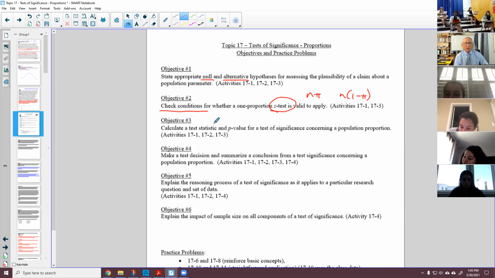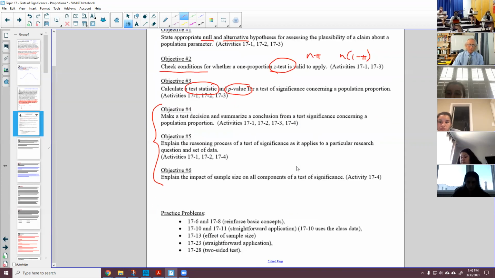We're going to calculate something called a test statistic and a p-value. And then we're going to make a decision and summarize a conclusion. These three things right here are all about how we follow the structure of a test of significance.